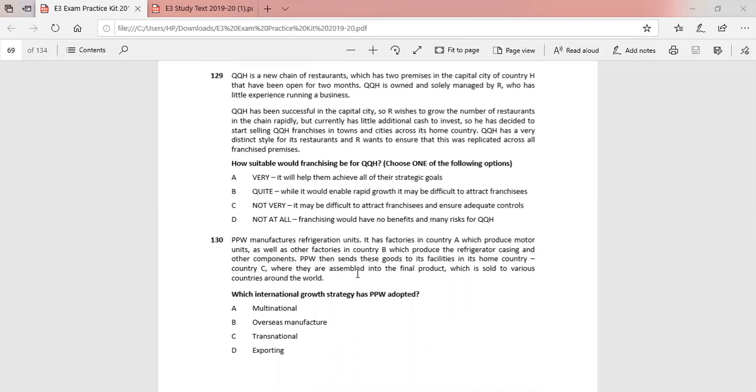So he has decided to start selling QQH franchises in towns and cities across its home country. QQH has a very distinct style for its restaurants, and R wants to ensure that this is replicated across all franchised premises. How suitable would franchising be for QQH? Choose one of the following options.